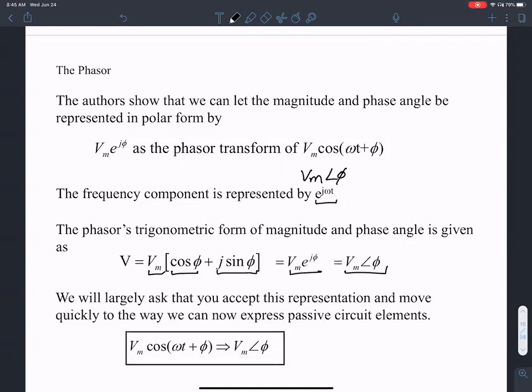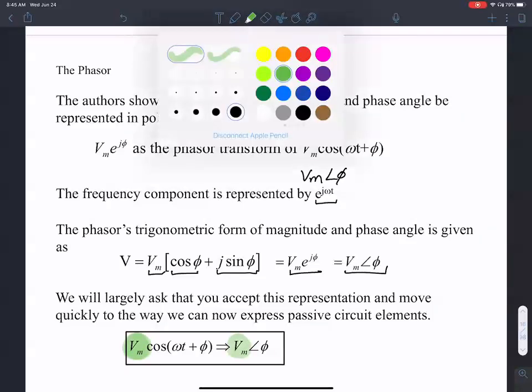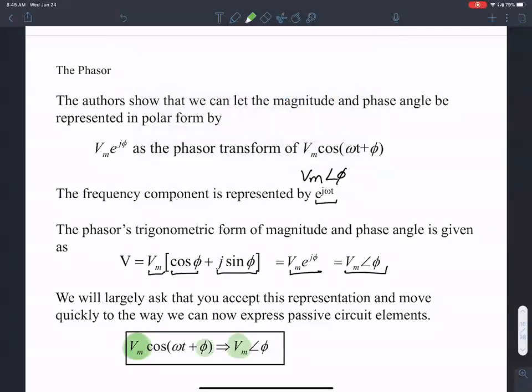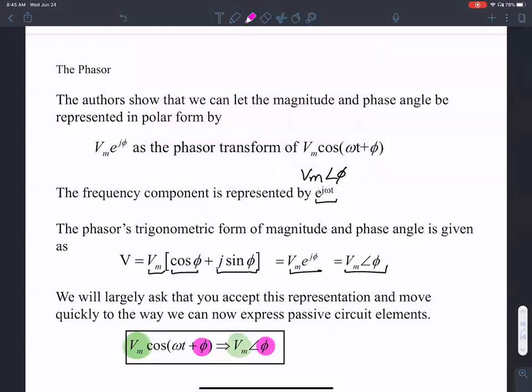We'll ask that you accept this representation. What you simply have to understand is that this is the amplitude, and the phase is that representation of a phasor.